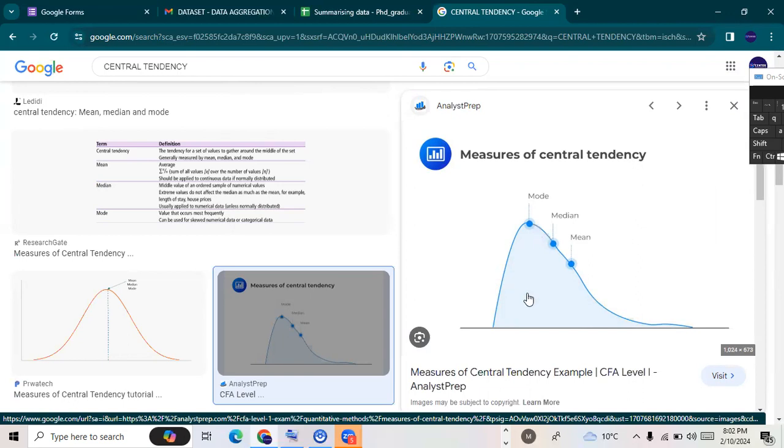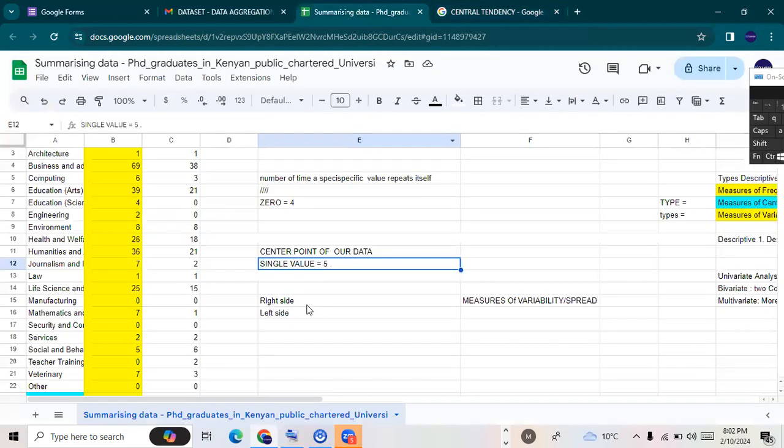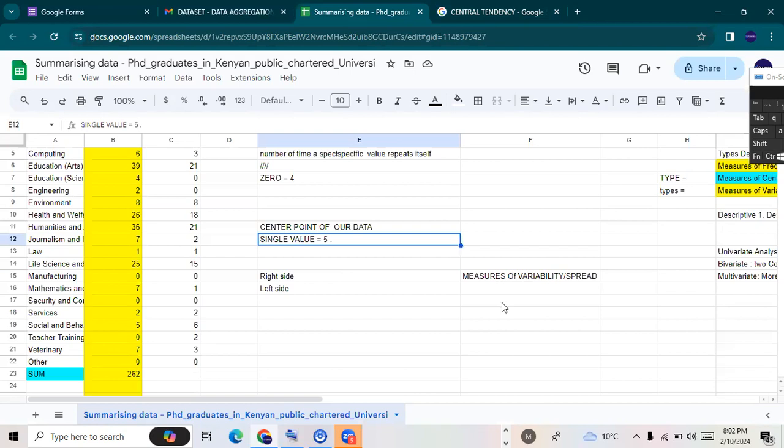Looking at what is happening at the left of the center and at the right of the center is when your measures of variability or measures of spread come into play. And the measures of variability, what does it even mean?